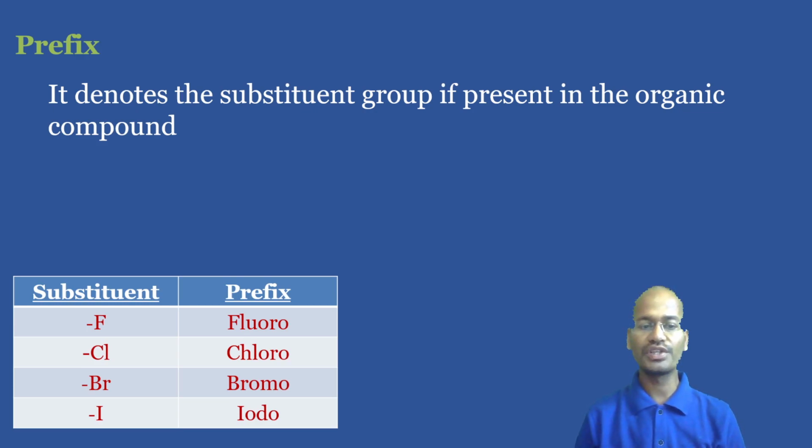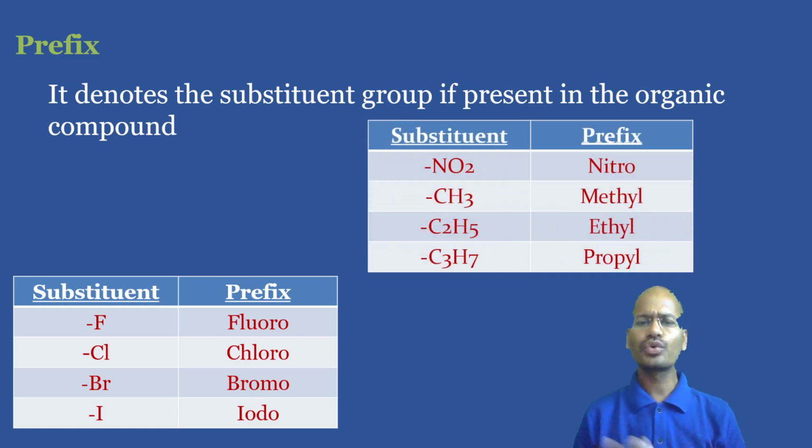If the substituent is bromine, then the prefix is bromo. If the substituent is iodine, I, then the prefix is iodo. And some other groups: if the substituent is nitro, then the prefix is nitro. If the substituent is a methyl group, then methyl. Ethyl group, ethyl. Propyl group, propyl.